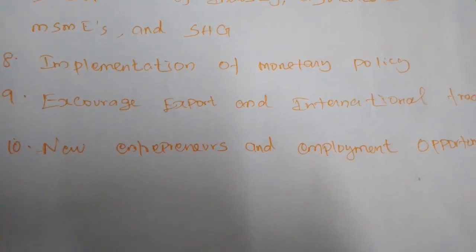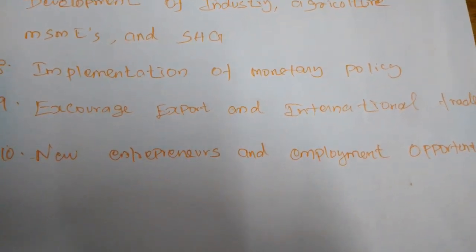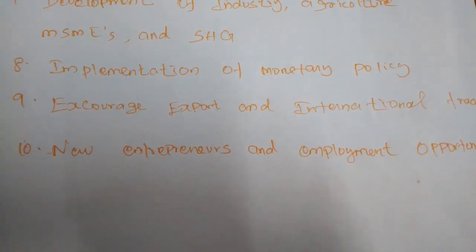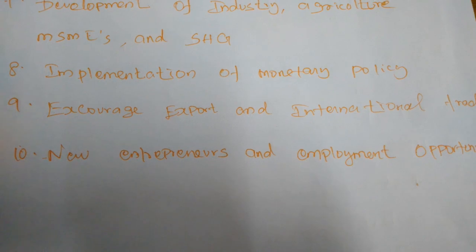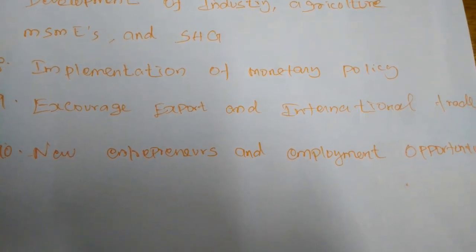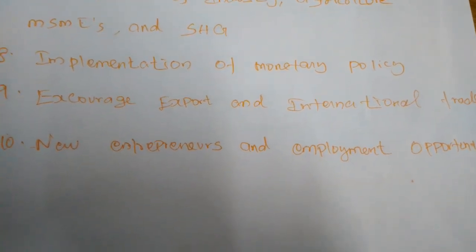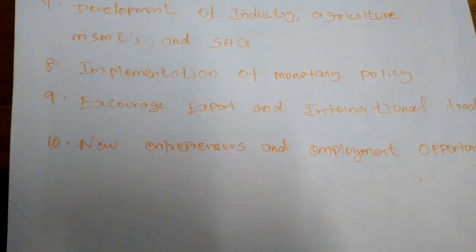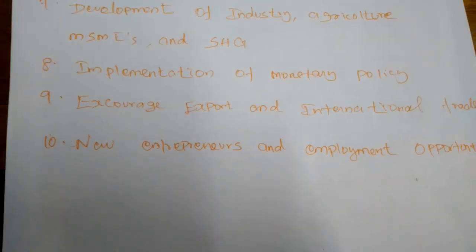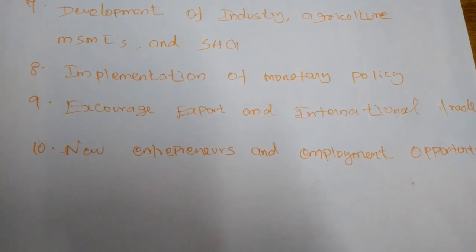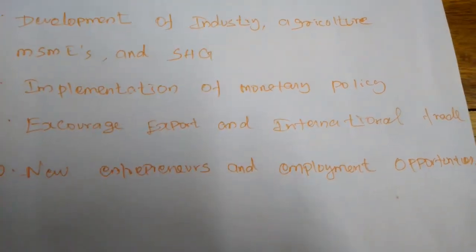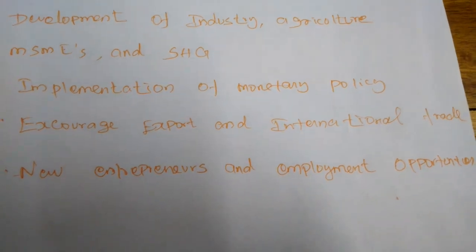Because of that, an entrepreneur is able to start any new industries. After the new industries are established, employment opportunities will also be generated. But if the commercial bank does not exist, the entrepreneurs will not be able to start any industries, and because of that, no one will get employment opportunities.